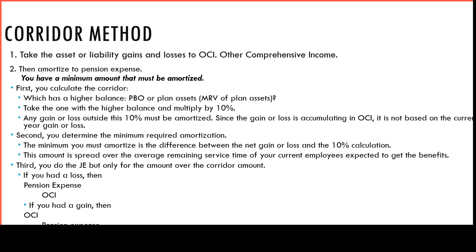So in the first case, you are running a little bit of the loss, 1/10, 1/20, whatever, through your income statement. In the second one, you are taking a little bit of that excess gain that you calculated based on 10% of your PBO or plan assets, whichever is higher. Take a little bit of that and let it show up in your income statement.